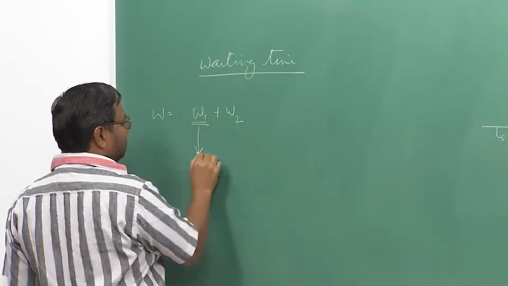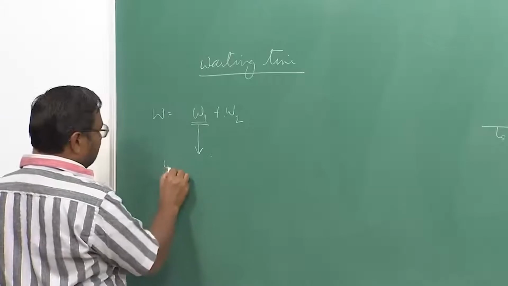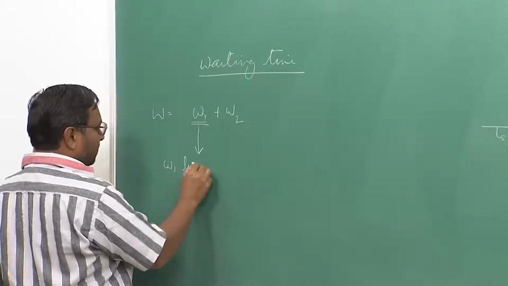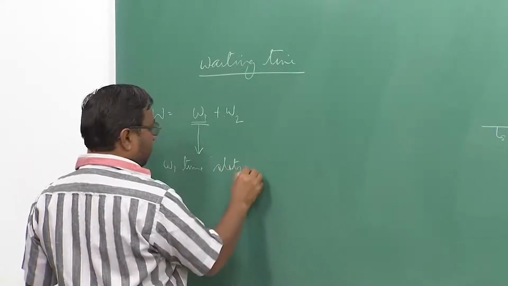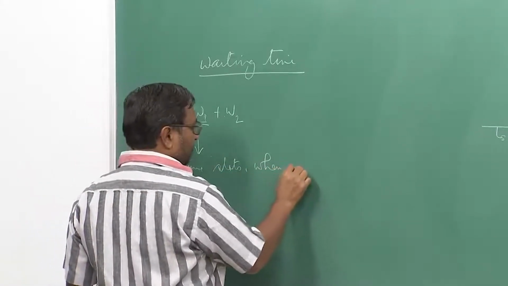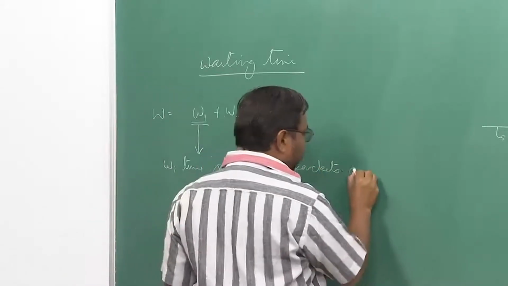So, W1 represents technically W1 time slots when packets arrived in earlier slots.